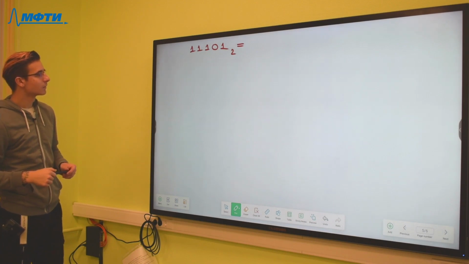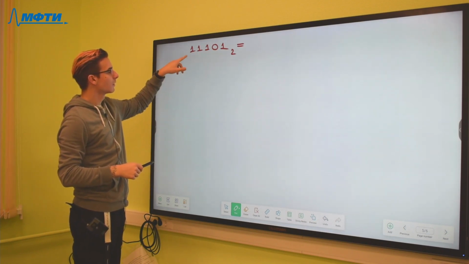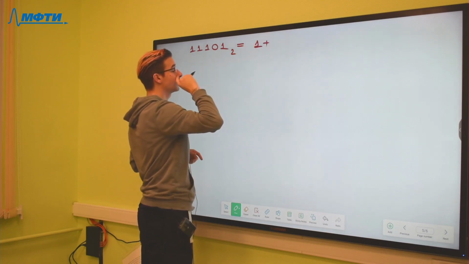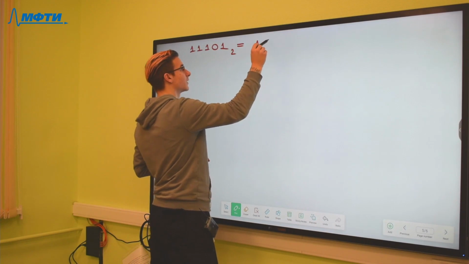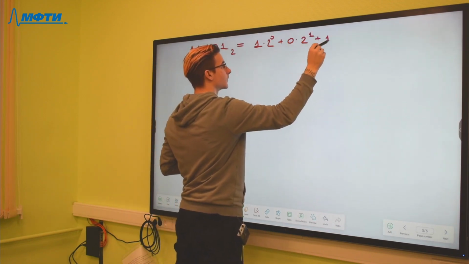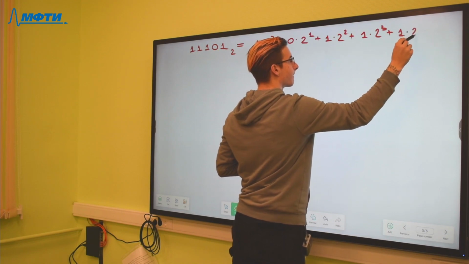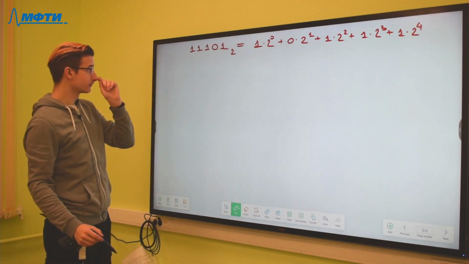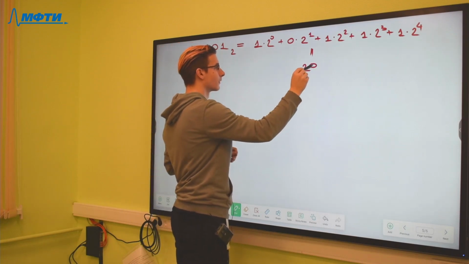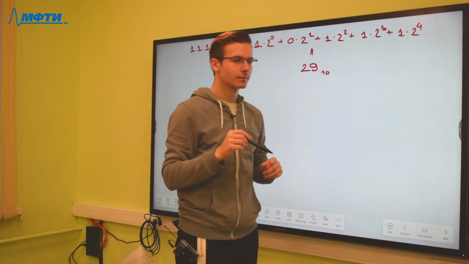It is equal to 1 plus 4 plus 8 plus 16, because we can write this number as the sum of 1 multiplied by 2 to the power of 0, plus 0, plus 1, and so on. And it is equal to 29. Yeah, 29. Okay.